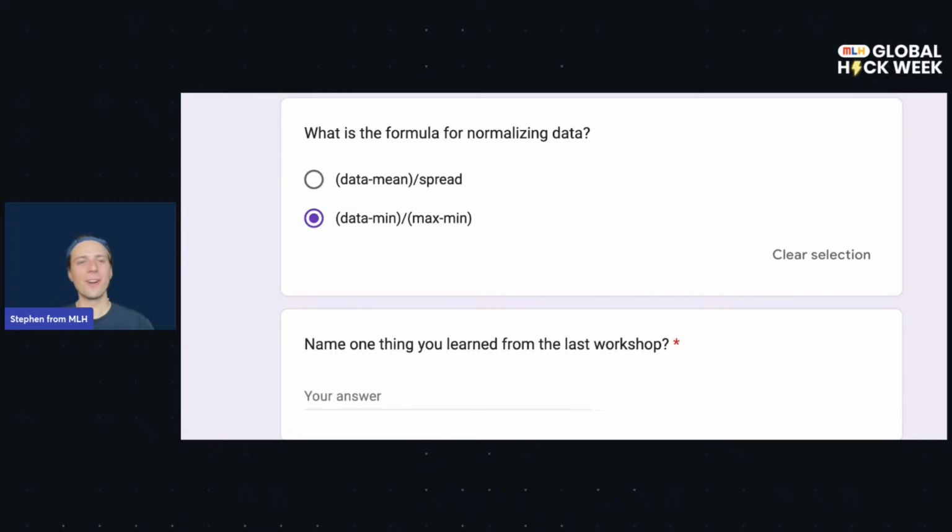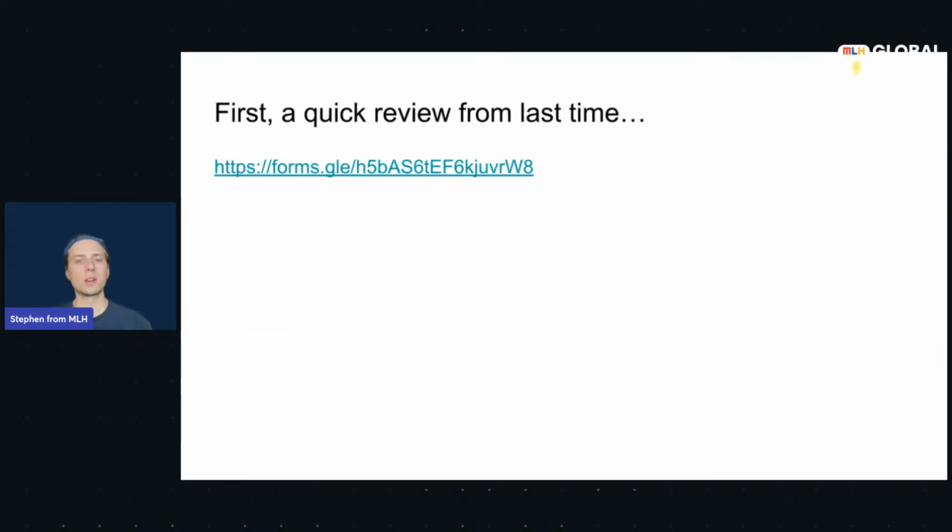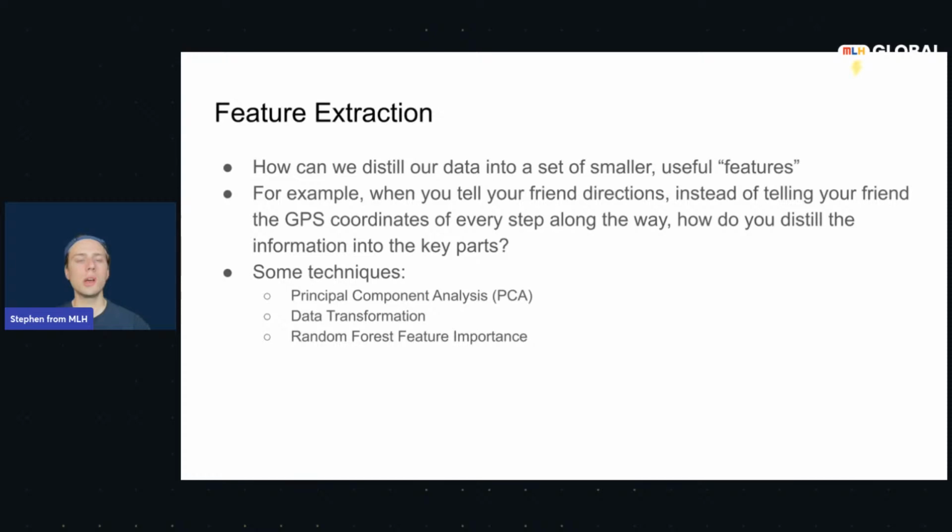That's great. All right, why don't we continue along here with our screen. I'm going to go back to our slideshow and show another slide about what we call feature extraction. Feature extraction is what we left off on last time. I gave the example of telling your friend directions: you're not saying, take a step in this direction and then another step and then another step.